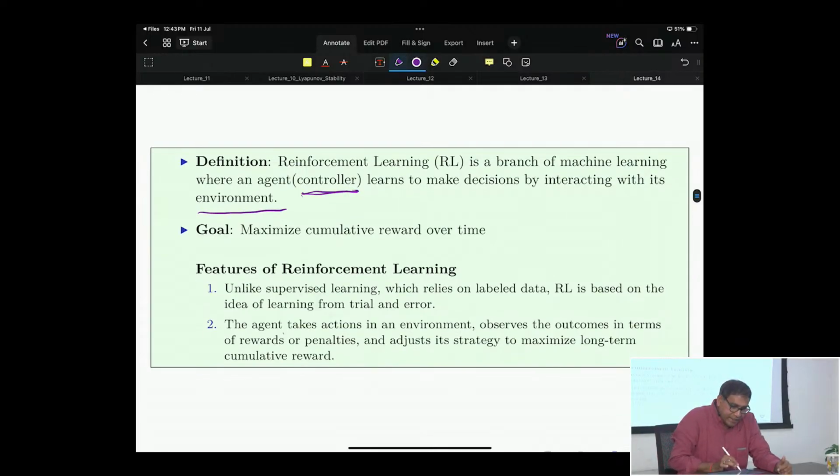The agent takes action, that is, the agent, the controller, generates some control actions in an environment, in a system, observes the outcome in terms of rewards or penalties, and adjusts its strategy to maximize the long-term cumulative reward.